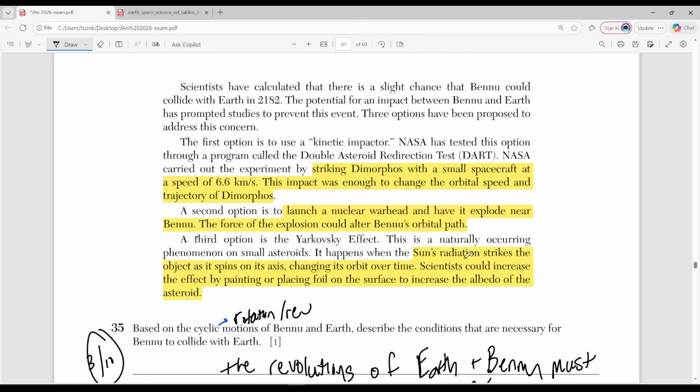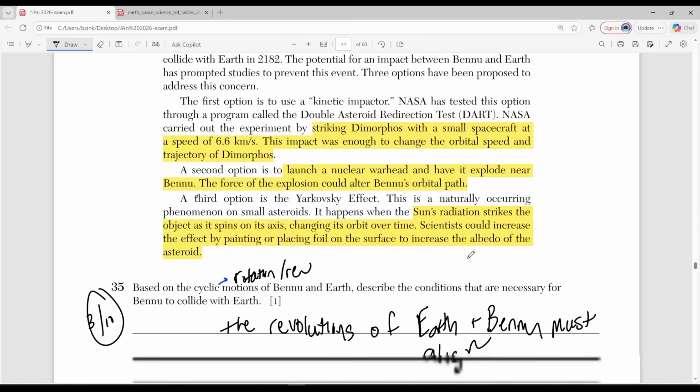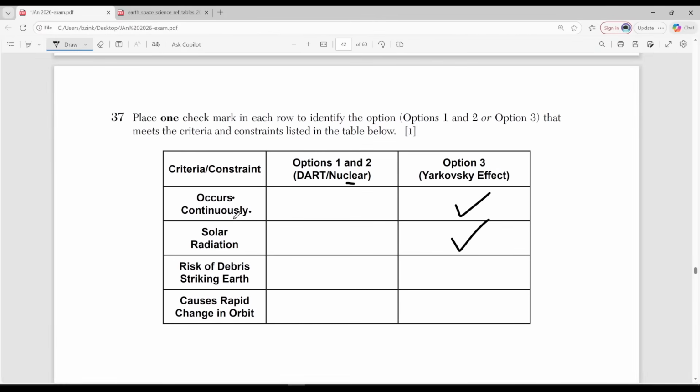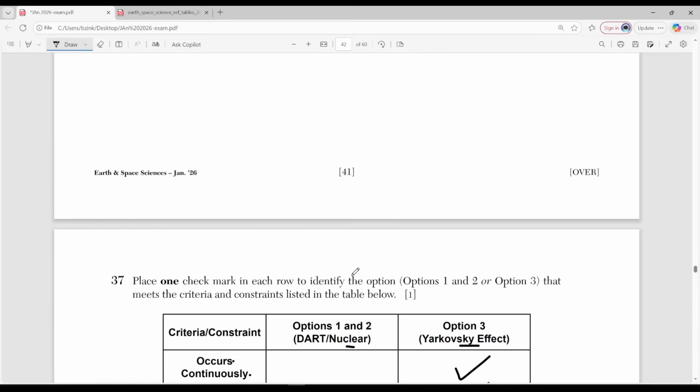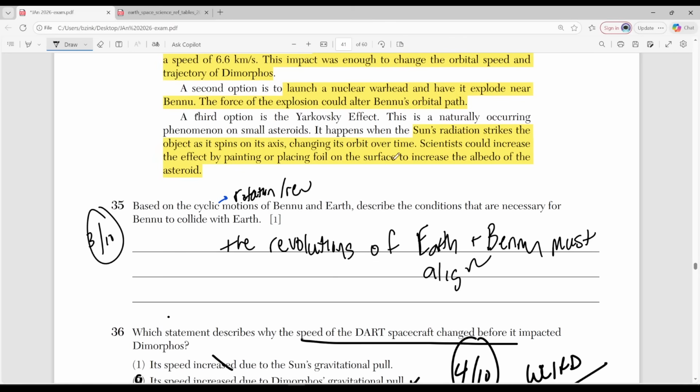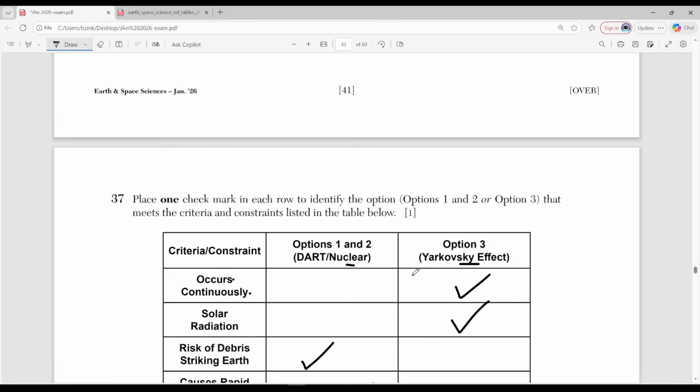Yeah, the sun's radiation, and specifically solar radiation, right? Risk of debris striking Earth, for sure. If you're bombing this asteroid, that's going to be a problem. Causes rapid change in the orbit. So that's going to be this one, because this one says it happens over a long period of time, right? Yarkovsky, however you say it. Naturally occurring on small asteroids. The other one's going to be immediate.